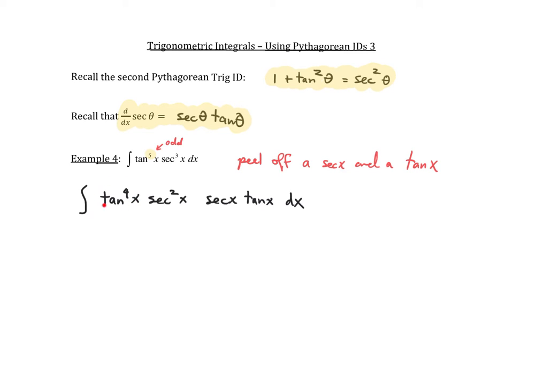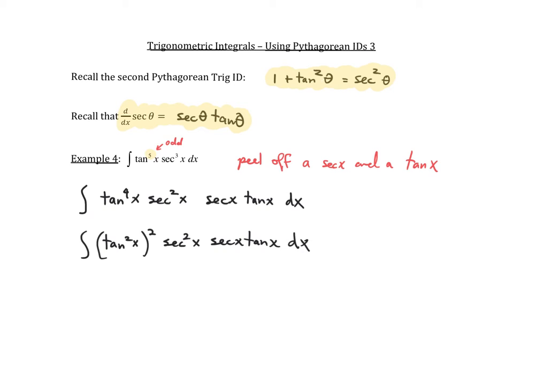Let me rewrite this as the integral of tangent squared x quantity squared. We know that that's the same thing as tangent to the 4th x. And then we're going to have a secant squared x, and then we still have the secant x tangent x dx there like this.